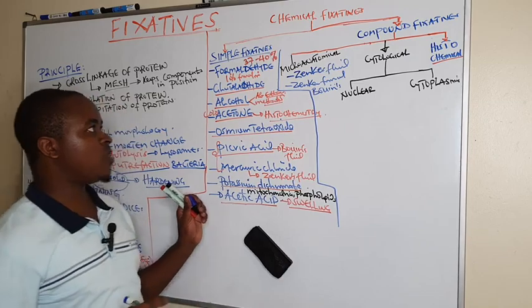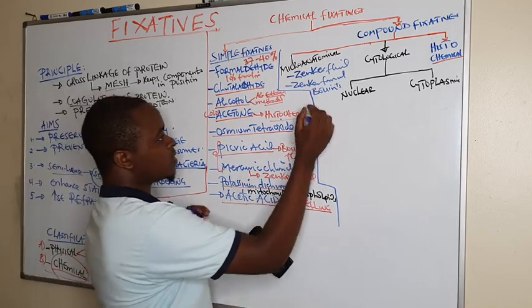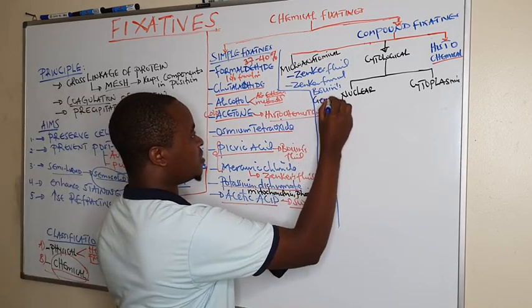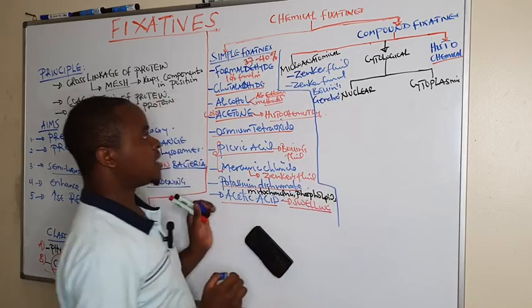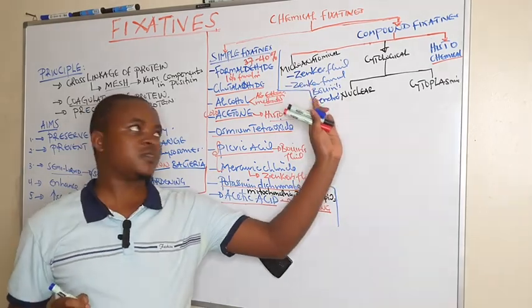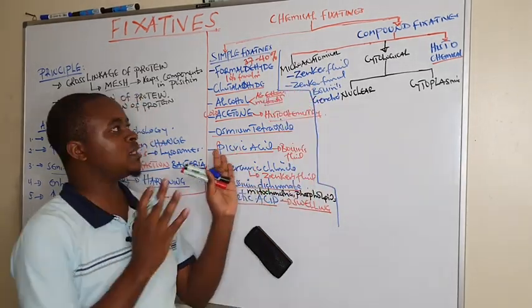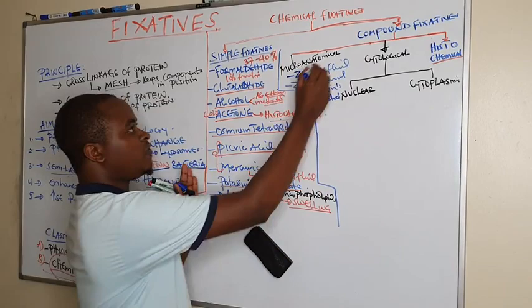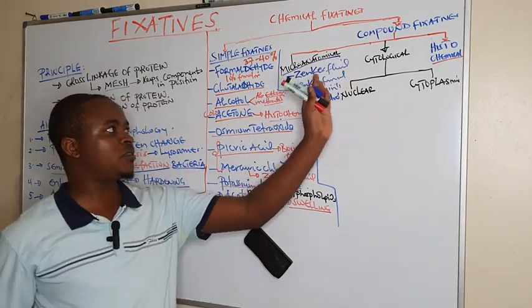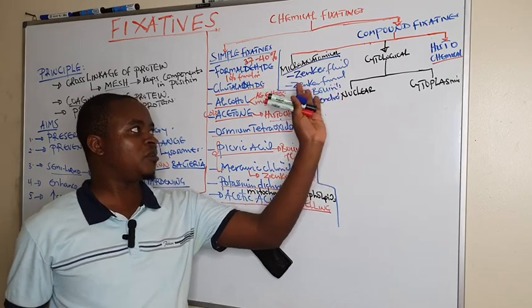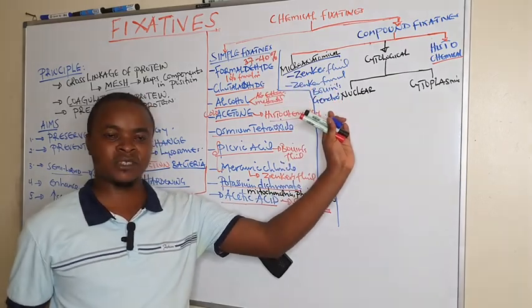These ones are part of microanatomical fixatives. Then we shall have Gendre's fluid. So these are four types of fixatives under microanatomical. These ones preserve the cell morphology specifically: Zenker's fluid, Zenker's formal, Bouin's fluid, and Gendre's fluid.